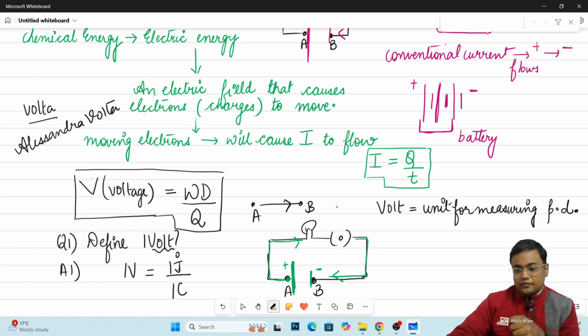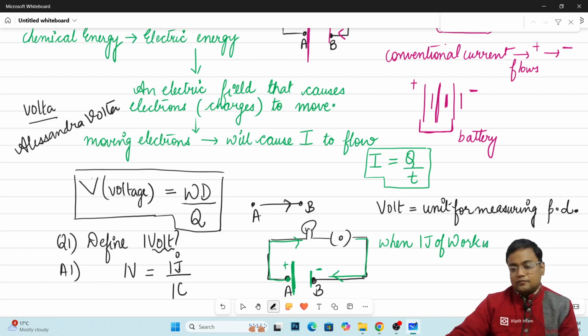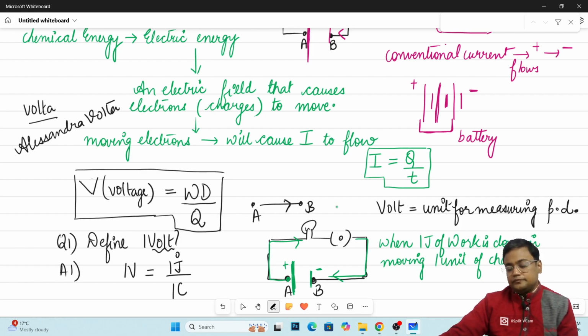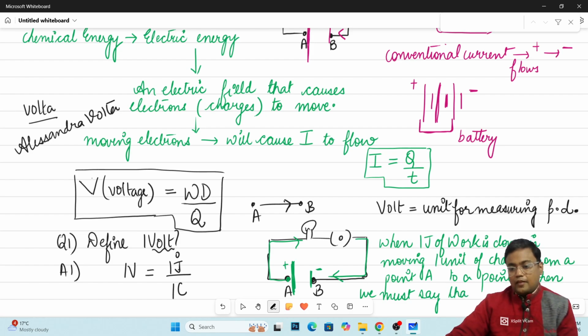When 1 joule of work is done in moving 1 unit of charge from a point A to a point B, then we must say that the two ends of the circuit are kept at a potential difference of 1 volt, right?